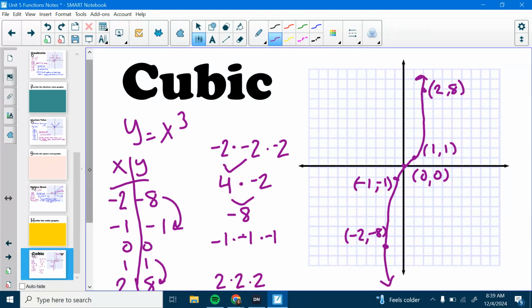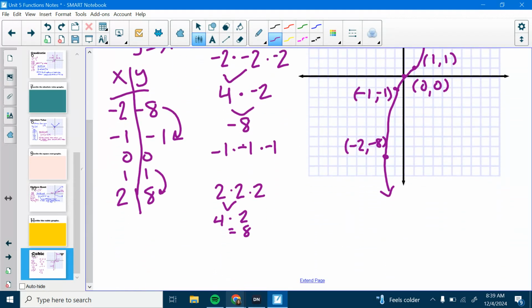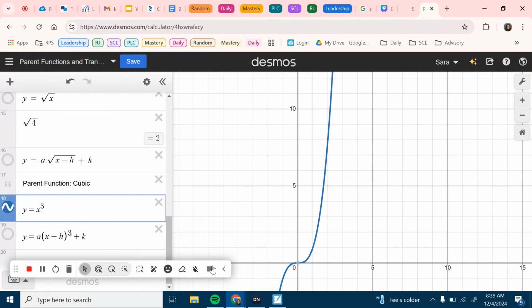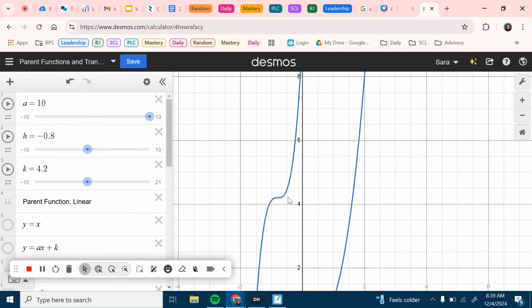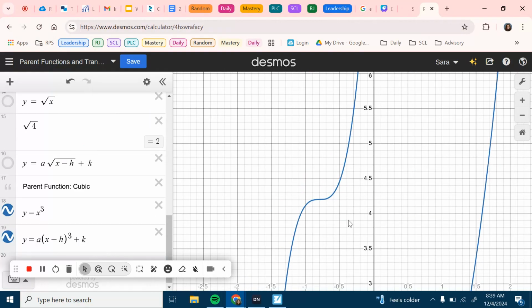When we want to look at the transformed function now, I can see that I can shift my graph to be upside down, to be flatter, to be skinnier, okay, to move side to side, and to move up and down. But all along, it's still keeping the shape of being a cubic.